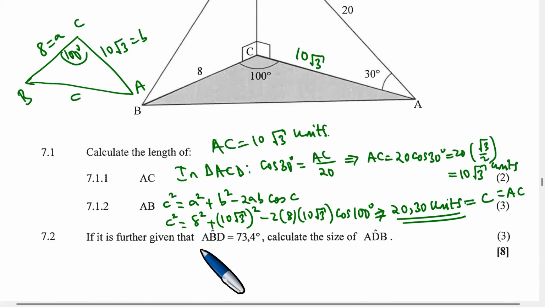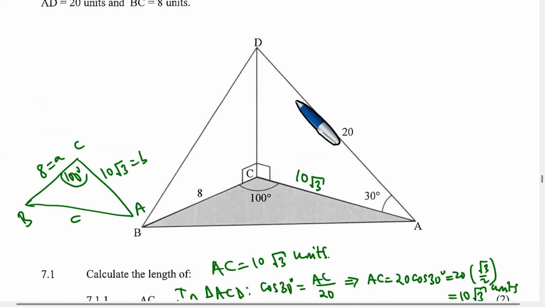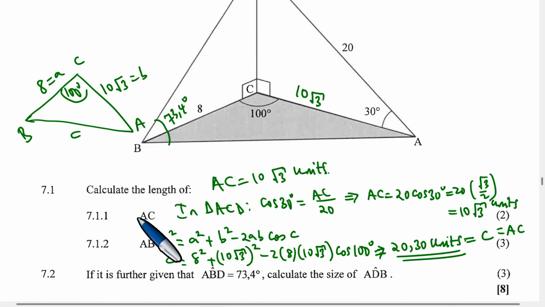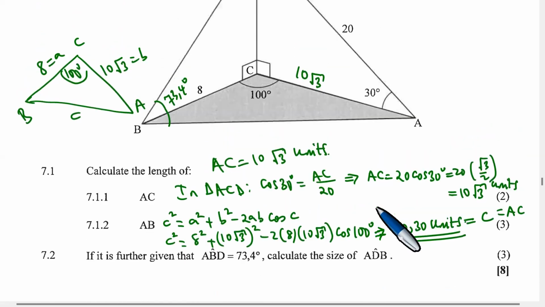It is further given that ABD is 73,4 degrees. Calculate the size of ADB.